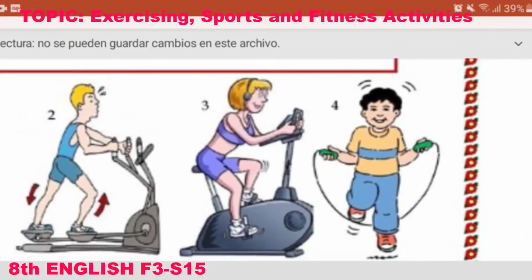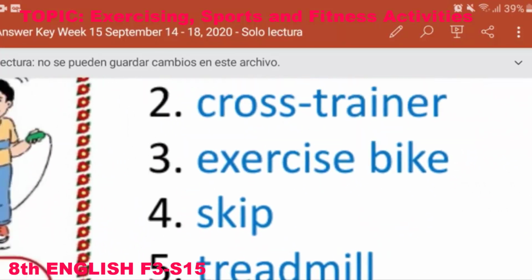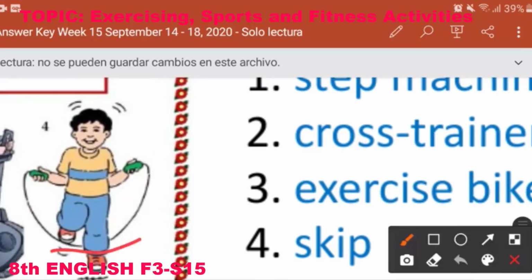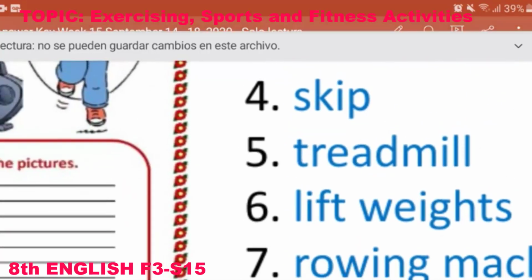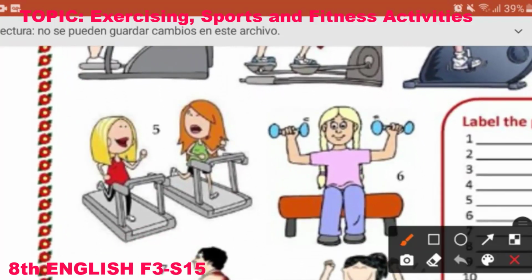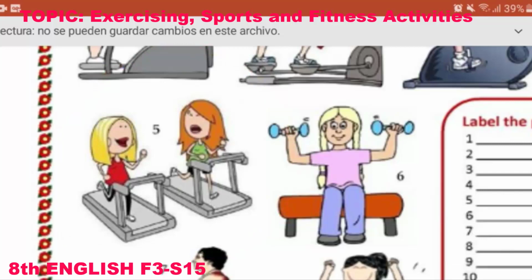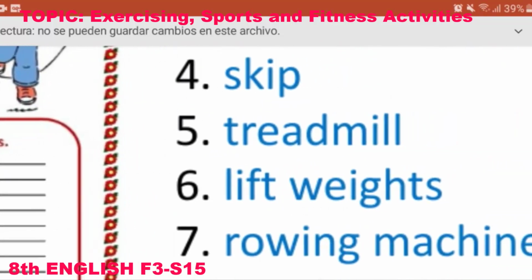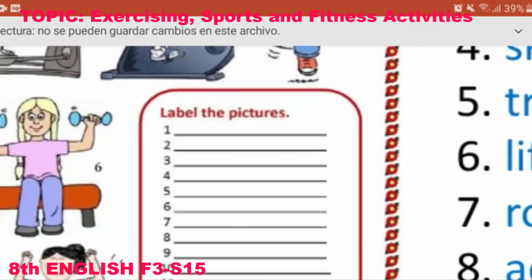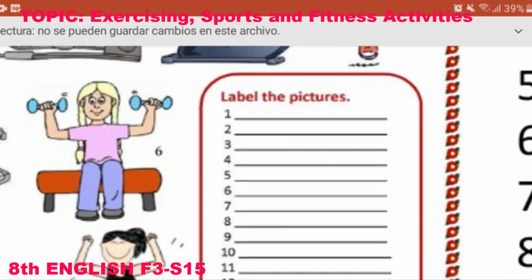Number 4, skip, skip. Number 5, treadmill, treadmill. Number 6, lift weights. Lift weights.